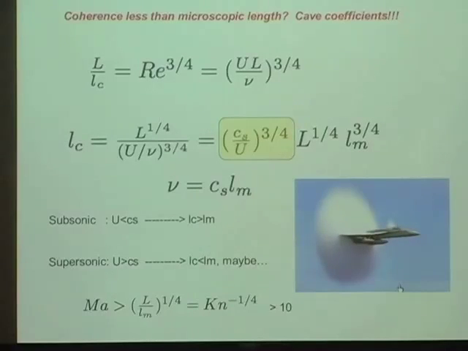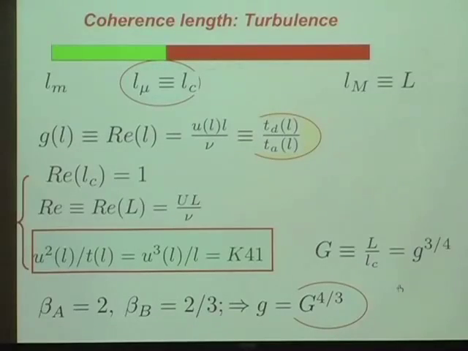But I think this is a very artificial situation. So the message being that, in general, the coherence length is definitely within the two bounds. It's virtually impossible that the continuum theory can go below the microscopic length.